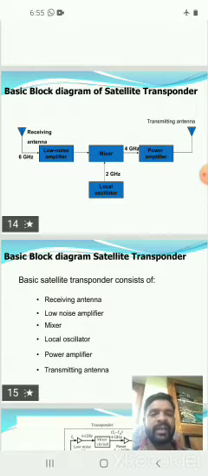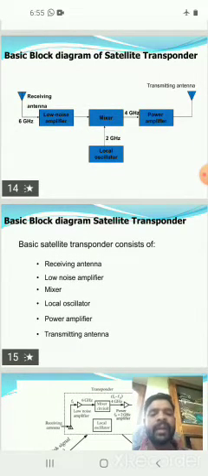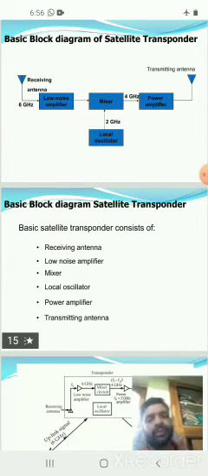The receiver section contains the receiver antenna and receiver, that is the low noise amplifier, and these signals are down converted by the mixer and local oscillator, and again transmitted to the earth station. The signal is given through the power amplifier to the transmitting antenna. These are the satellite transponder parts.